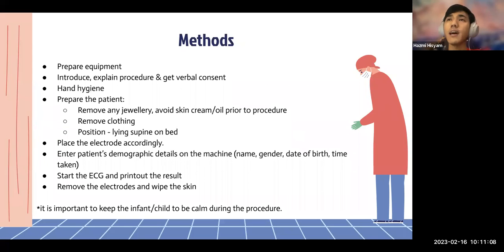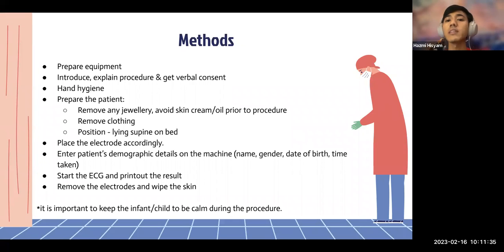First of all, we must ask the patient if there is any metal, jewelry, or if the patient is wearing any skin cream. Then we ask the patient politely to remove his or her clothing, and then we ask the patient to lie supine on the bed. And then we place the electrodes accordingly, and then we enter the patient's demographic details on the machine, such as the name, gender, time taken, and then we start the ECG.